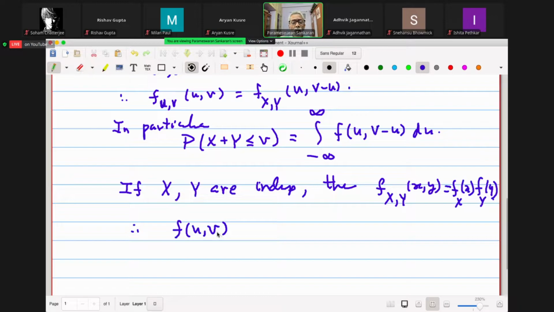Well, you can also say that in that case, x and x plus y are also independent, and directly also, therefore, you can say this.